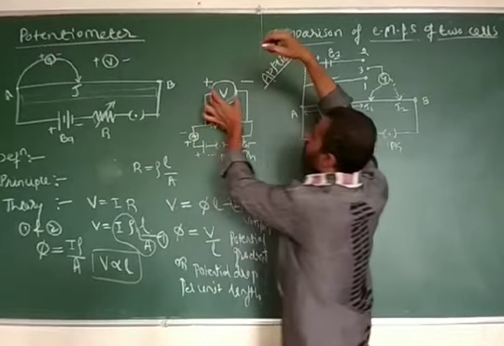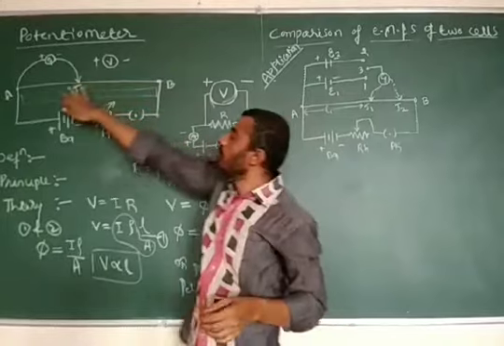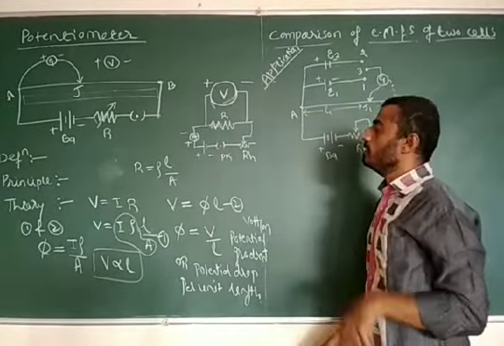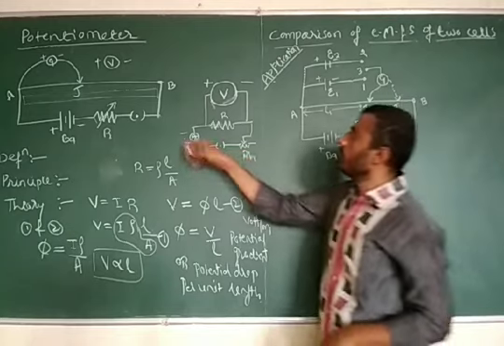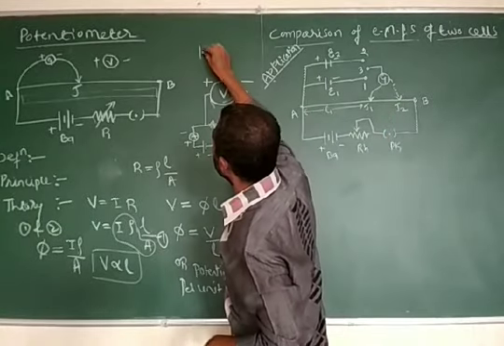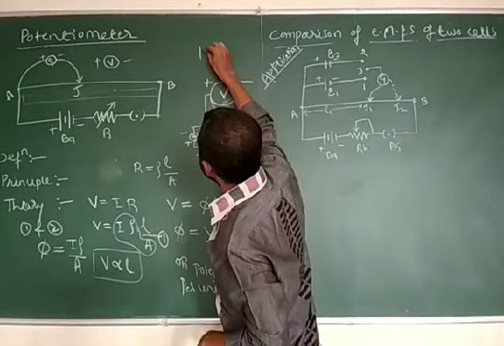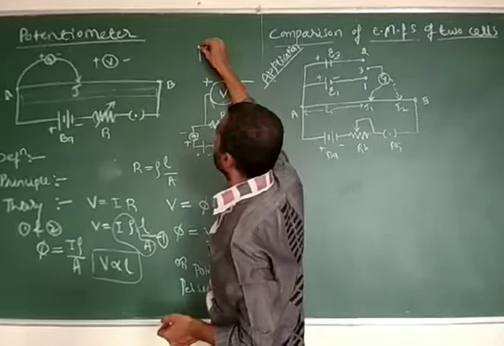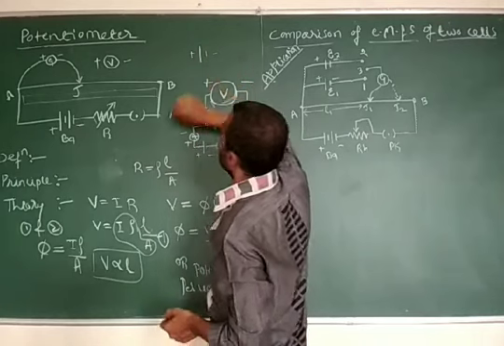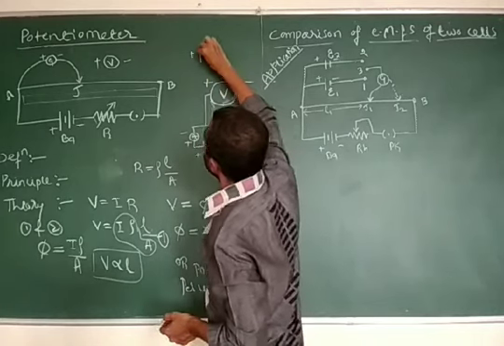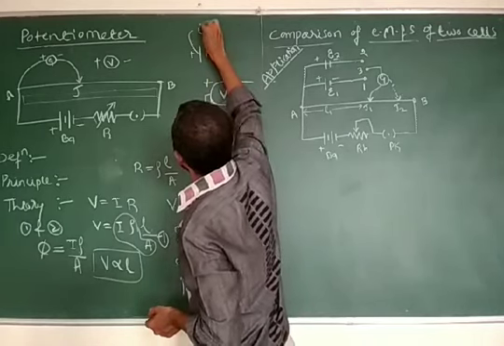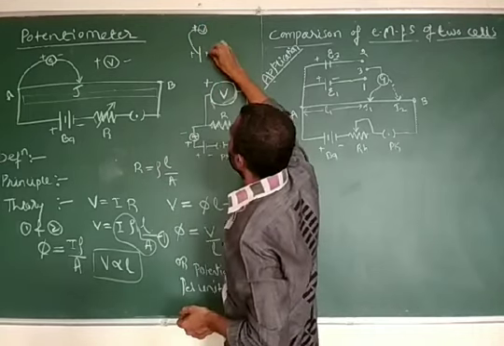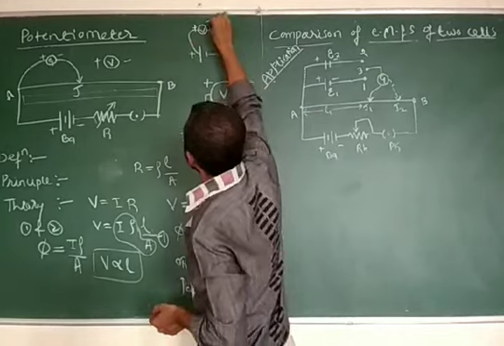How do we use a voltmeter? In the same way, we can make use of a potentiometer to measure the EMF of a cell. For example, if there is a cell and you want to measure its EMF, you can connect it directly. Positive of the cell can be connected to the voltmeter positive by a connecting wire, and negative of the cell to the negative of the voltmeter.